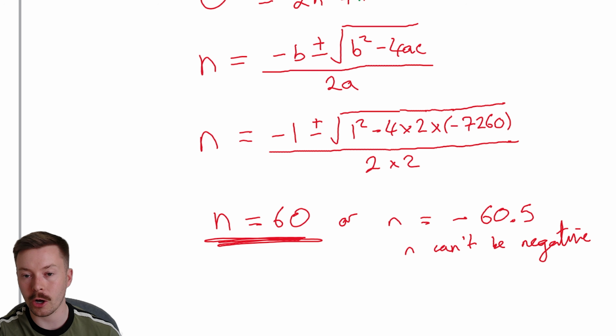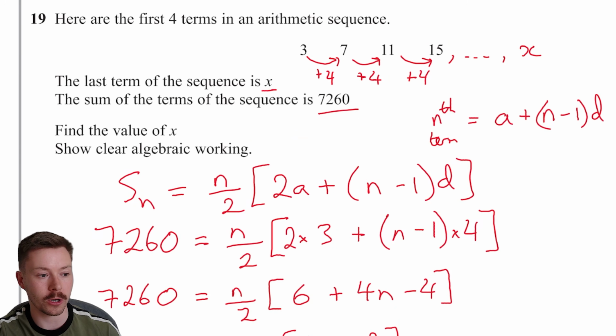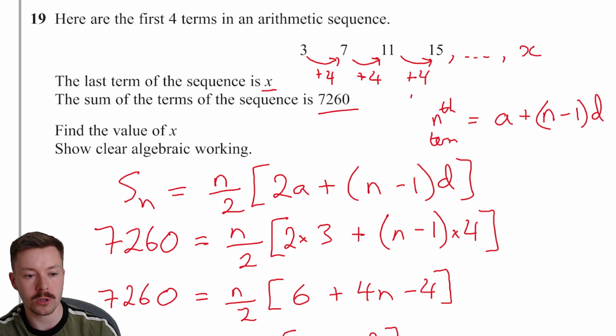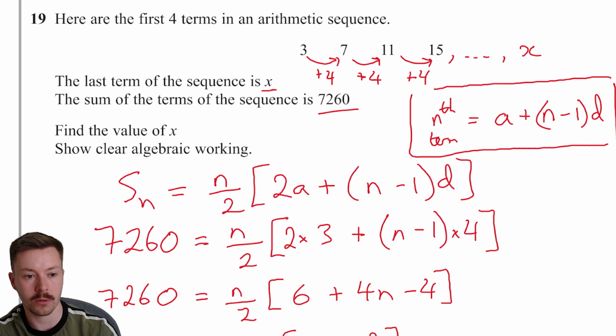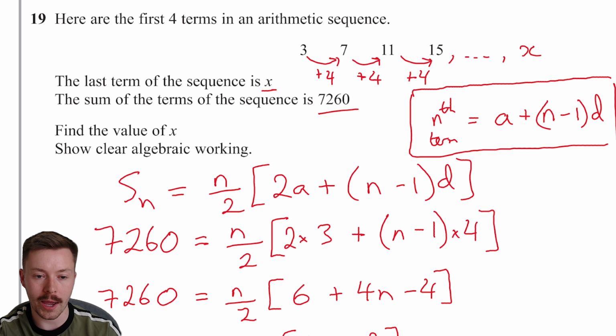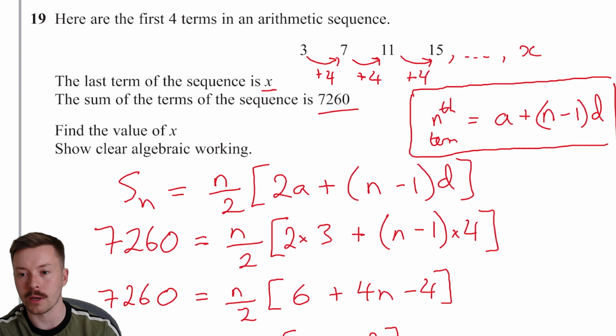And if I scroll back up to see the question asks, find the value of x, and x is the last term. So if we use this here for our nth term, okay, we know the a, we know d, we know n. We're going to substitute those values in, and we are going to get the answer.